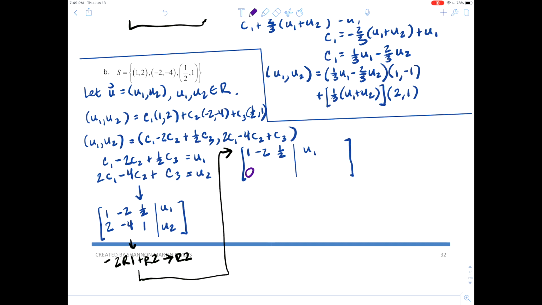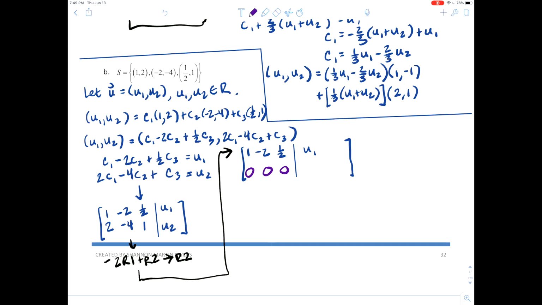We'll get a 0 here. We'll end up with a 0 in the second one, and we'll also end up with a 0 in the third one.